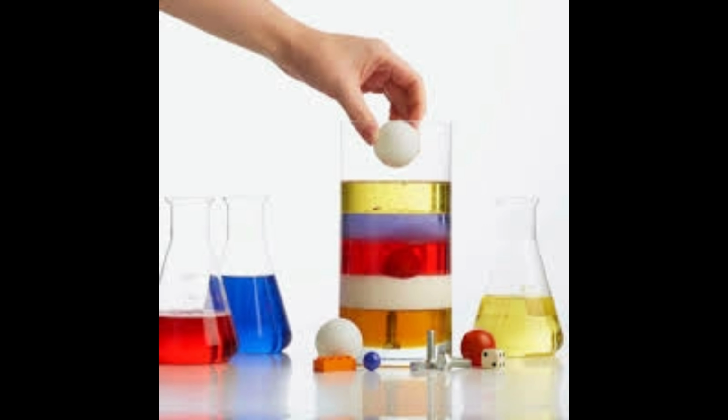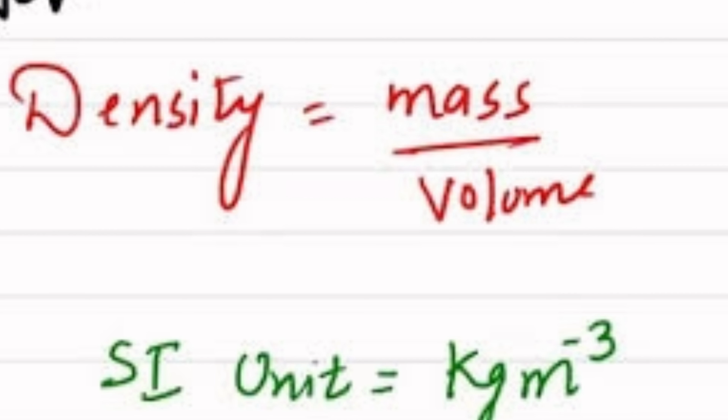Or you can say density is the number of particles per unit volume. That is called density. Its unit is kilogram per meter cube. The SI unit of density is kilogram per meter cube.